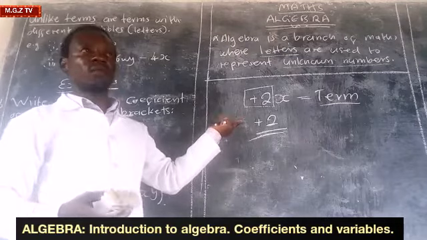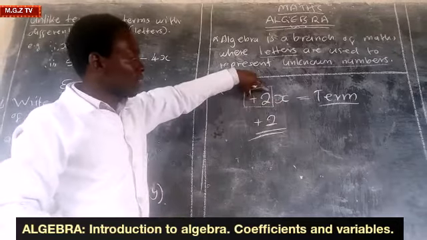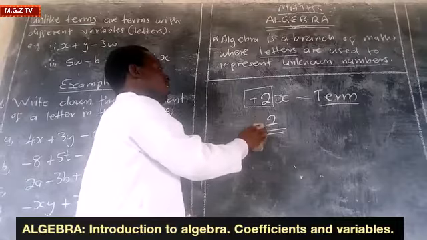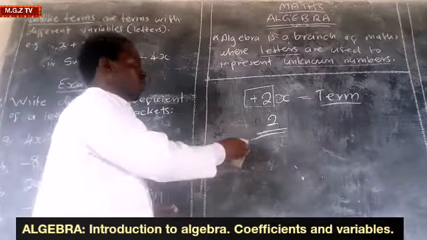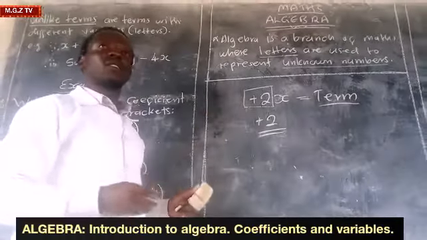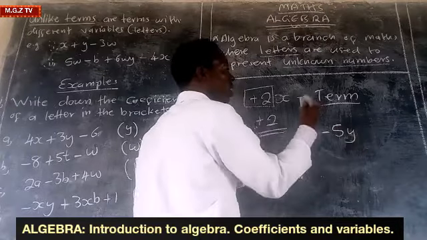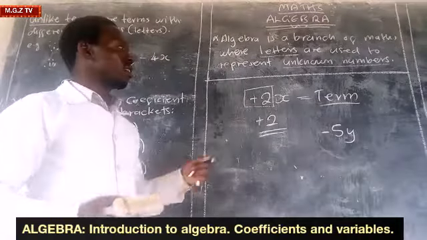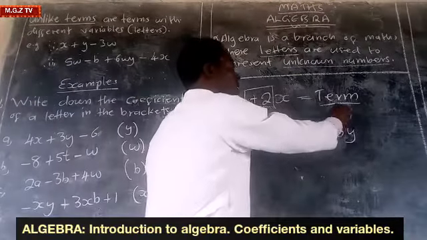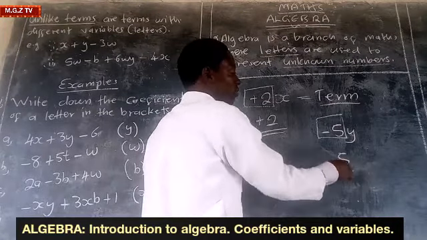When they say write down the coefficient of x, if I give a number, get the number, then in front put a sign. If you just write it like this, I won't mark you. But you put a sign. You get the point? Again, if they give you negative 5y, and they say write down the number that is on y, just check: the number is negative 5. Write negative 5. It ends there.